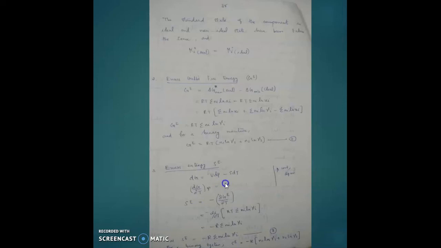So yes, when it is an excess function, S^E is equal to minus dou G^E by dou T. We did it in this way because we already know the expression for excess Gibbs free energy. We can just substitute without doing all these steps.